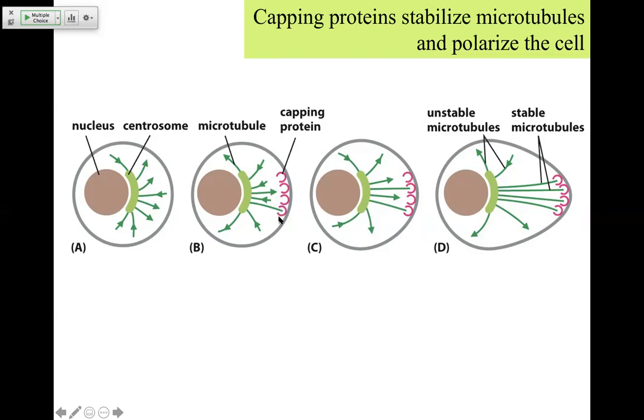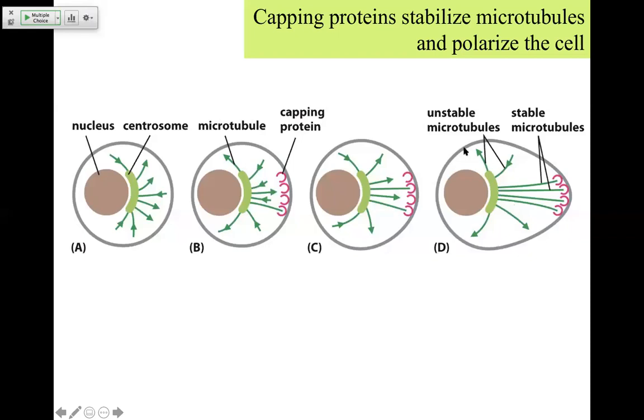That protein may essentially capture the GTP cap and keep that microtubule stabilized such that it can't shrink. And when that occurs, a number of microtubules may be stabilized and may maintain their particular length, won't be able to shrink anymore.